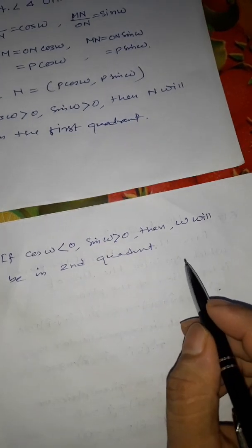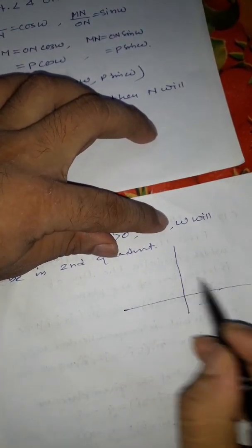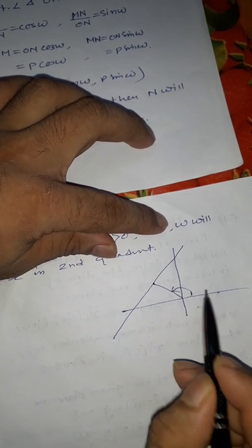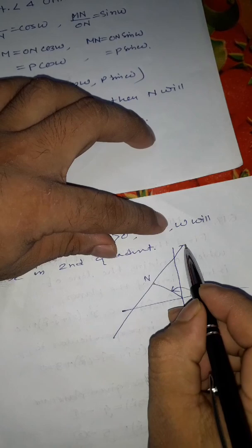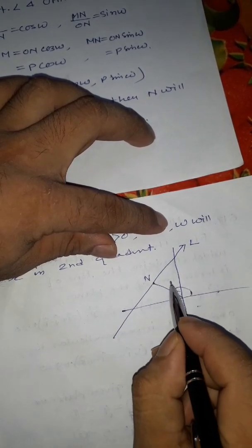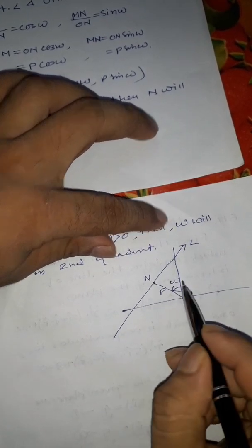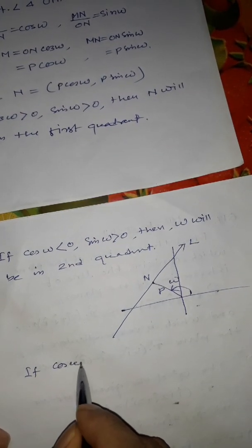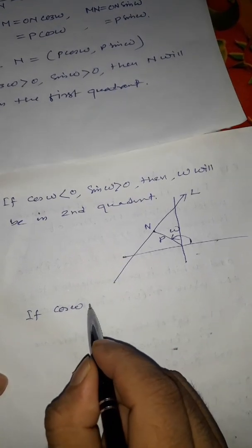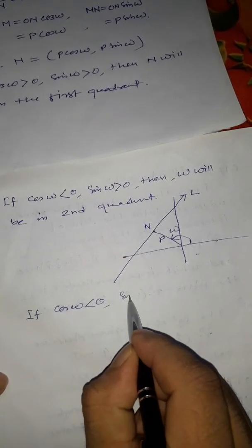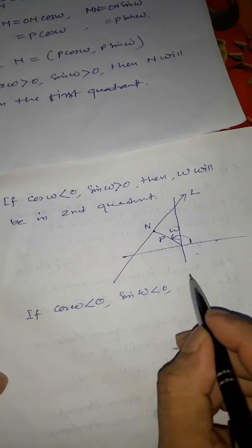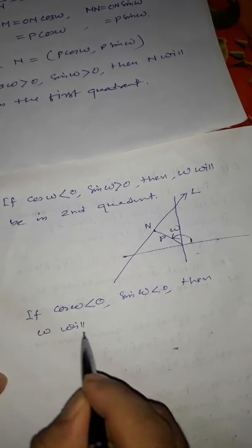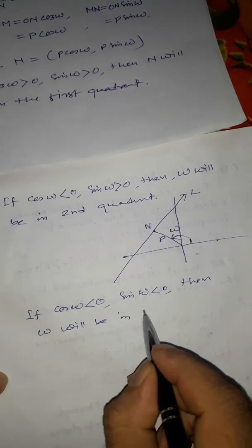And the diagram will be like this. Omega will be in the second quadrant. This is omega, P. If cos omega is less than 0 and sin omega is less than 0, then omega will be in the third quadrant.